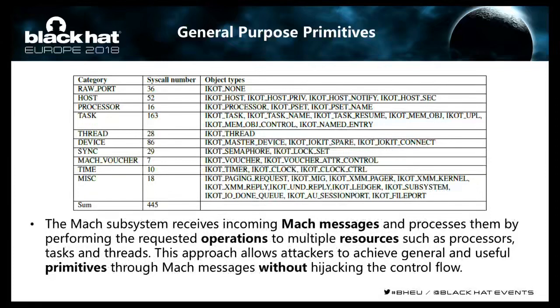Consequently, by using Mach system calls according to the designer's original intention, attackers can still achieve general and useful primitives without hijacking the control flow. Thus, we summarize this type of Mach system call usage as general-purpose primitives.